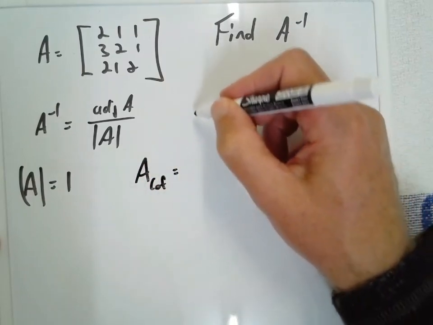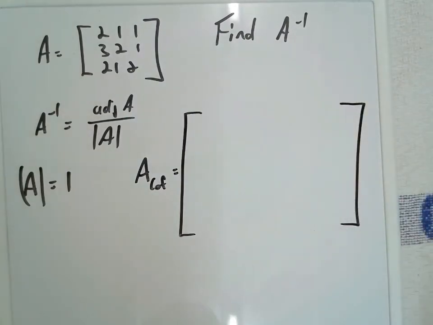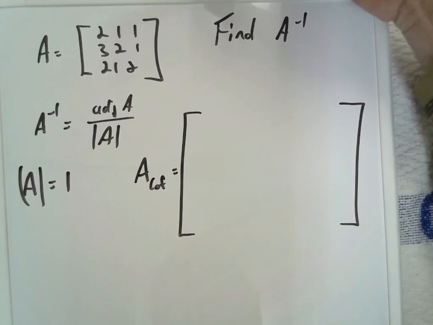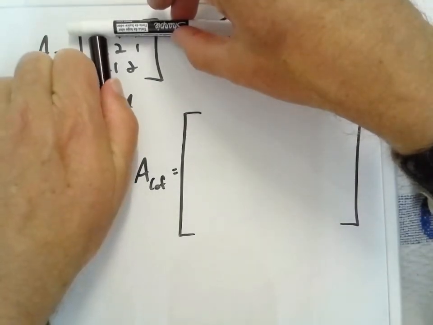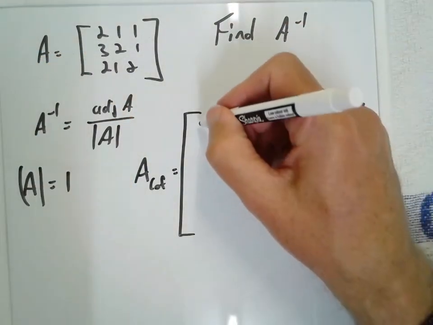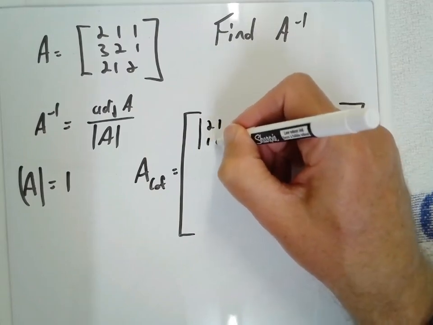Cofactor matrix. Let's get us some room here. Okay. So instead of writing the 2, we're going to cover up row 1 and column 1, which the 2 is in, and that's our leftover numbers, and that goes into the determinant. 2, 1, 1, 2.